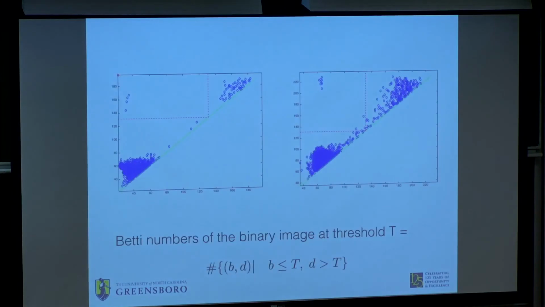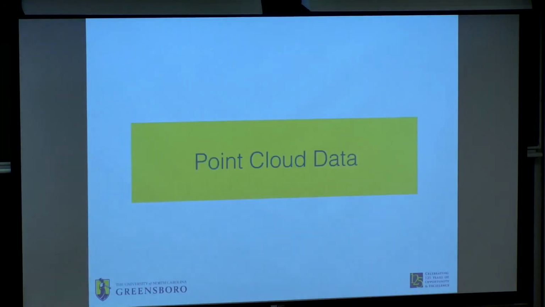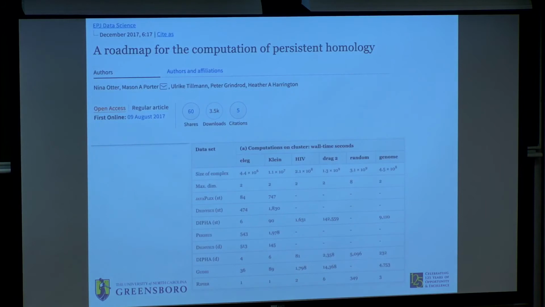Okay. So this is what we're going to calculate today. We are going to be given some images, and then we are going to compute the persistent diagrams. Okay? All right. So let me give you some overview of the software so far. This paper is from December 2017.